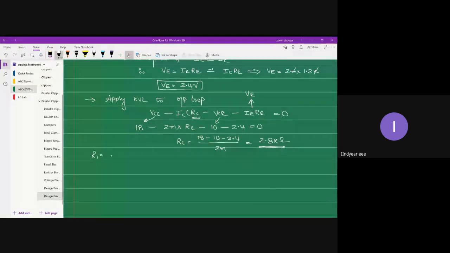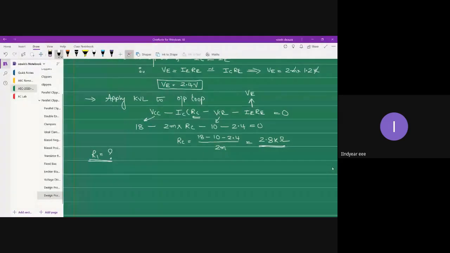Now, how will you find R1? To find R1, we need to go to the input loop, correct? You can use the equivalent circuit. In the previous class, I think I discussed this.